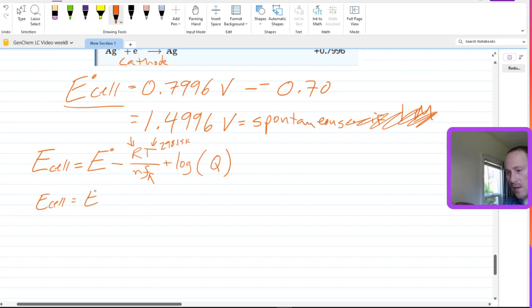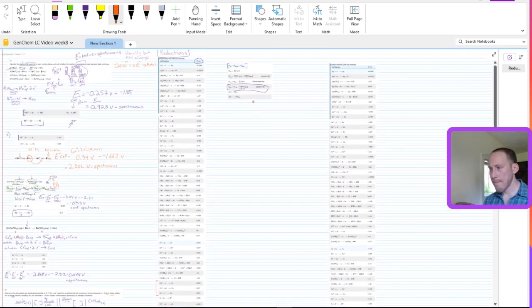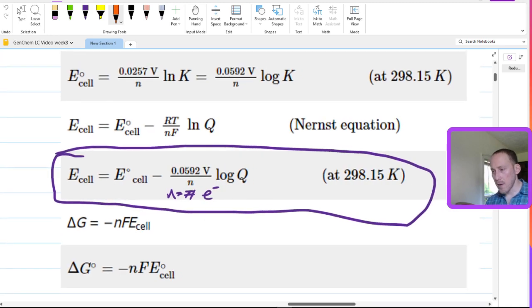To say that E cell minus 0.0592. Let me double check my number on this. So I'll go back and fix that. So it's the fact that this equals this that makes it work.